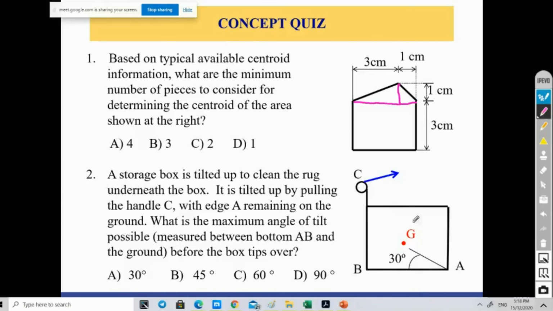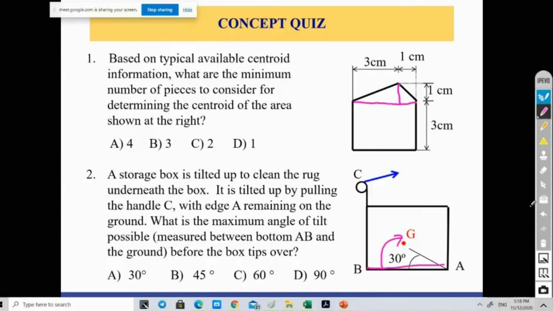In this case, this actually combines the concept of center of gravity, right? Do you understand this concept question? If you tilt this up that way, what is the maximum angle that you can tilt?